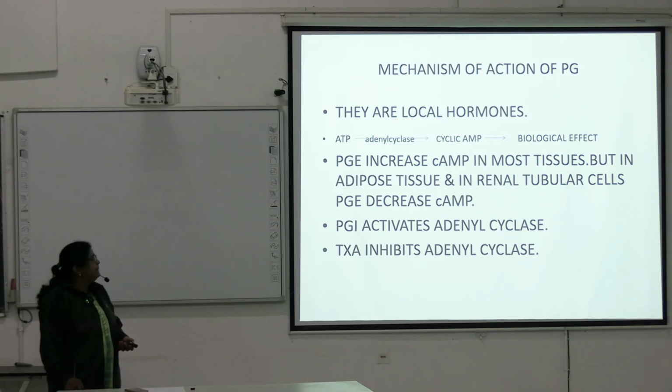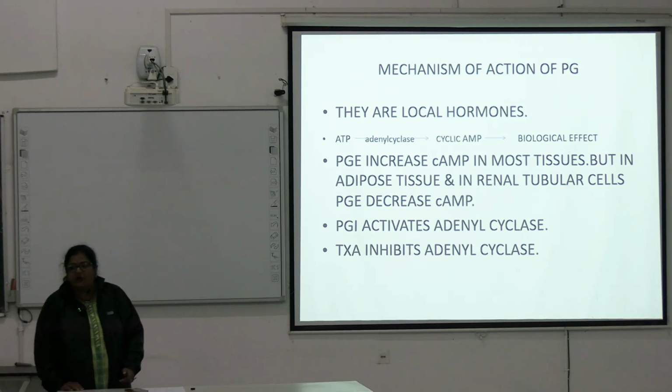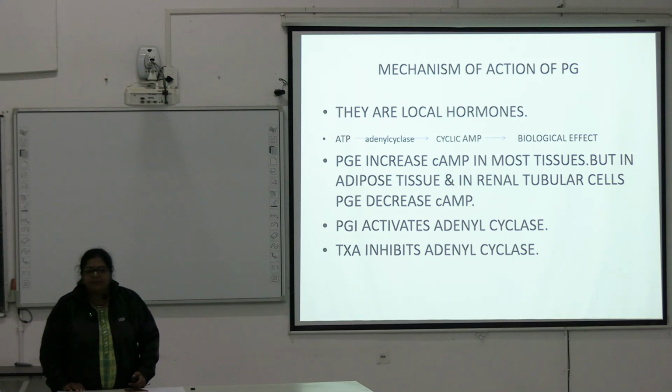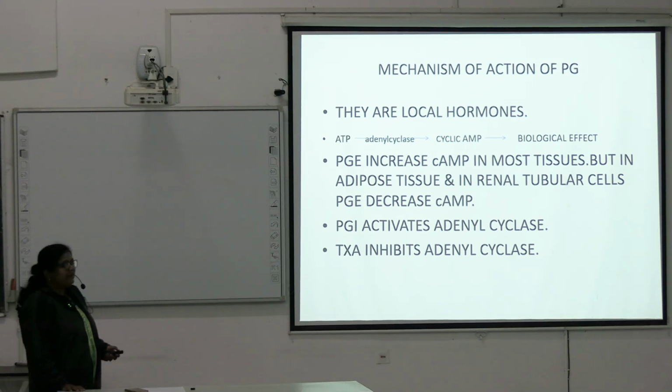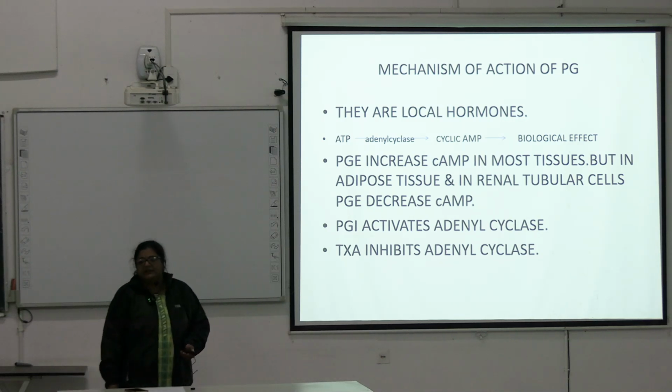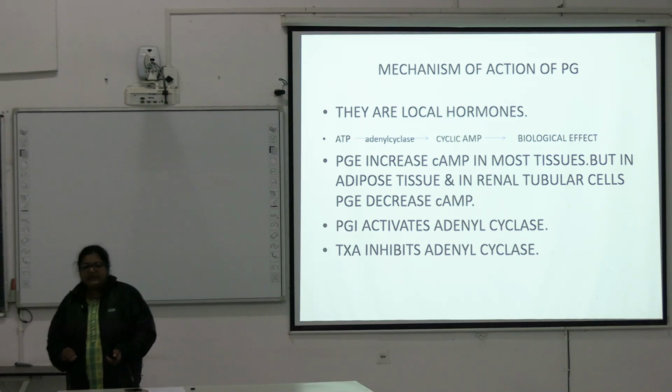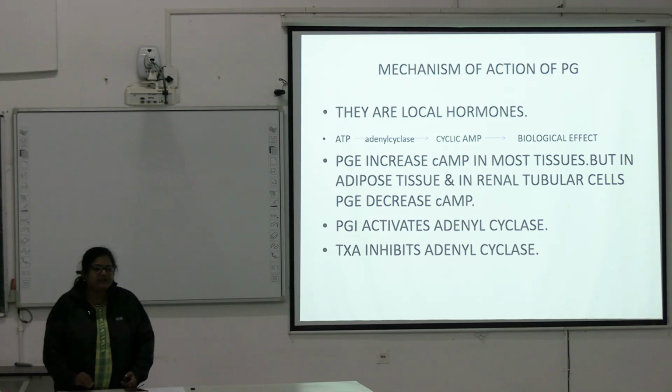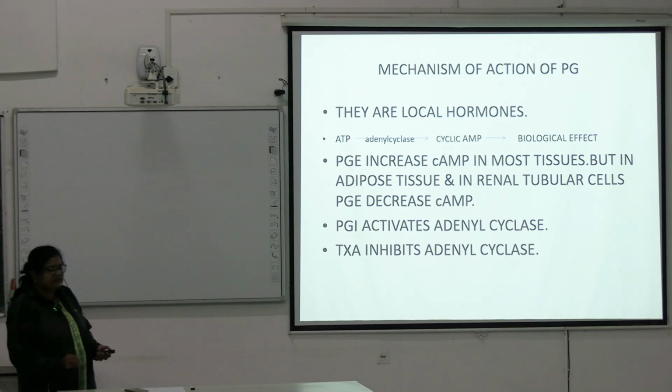Now, mechanism of action of prostaglandins. How does prostaglandin act within our body? They act like local hormones. That means their site of origin and site of action are very close to each other.